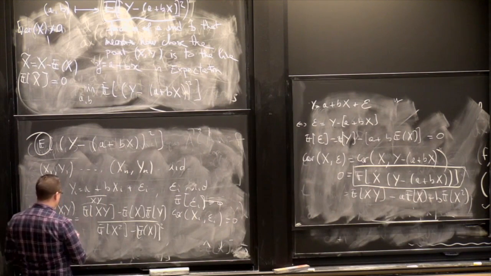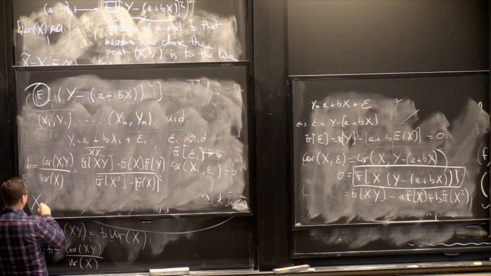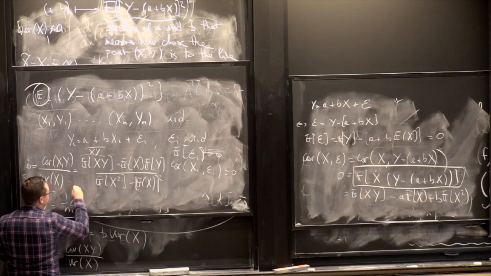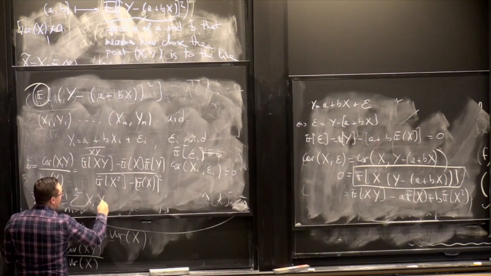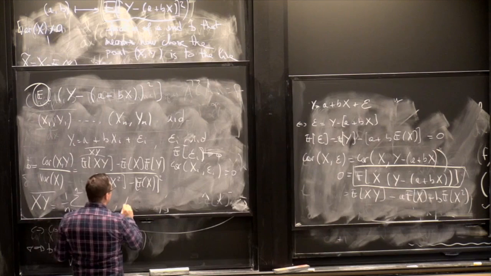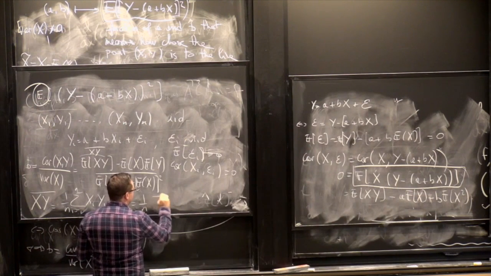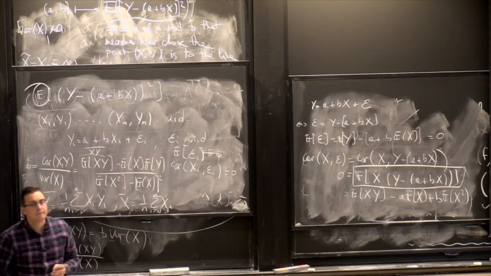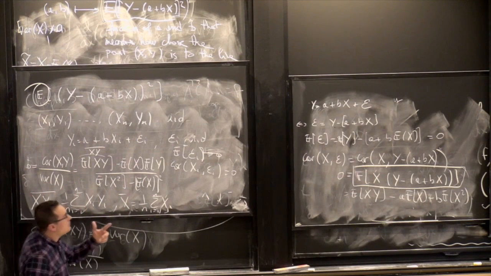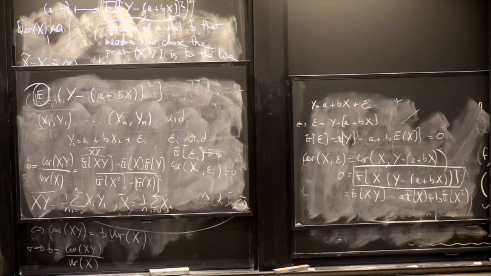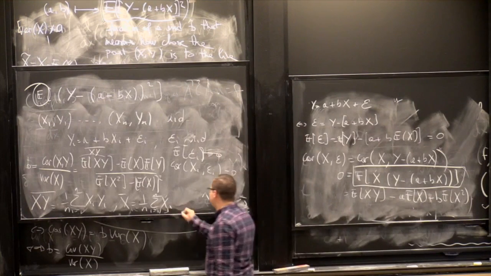So xy bar is 1 over n, sum from i equal 1 to n of x_i times y_i. x bar, of course, is just the one that we're used to, and same for y bar. x squared bar, the one that's here, is the average of the squares, and x bar squared is the square of the average.